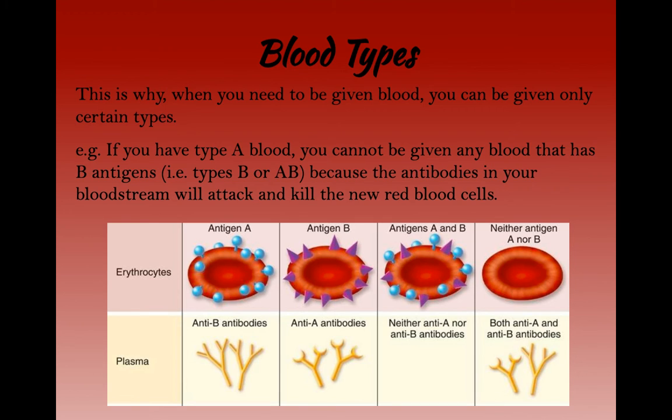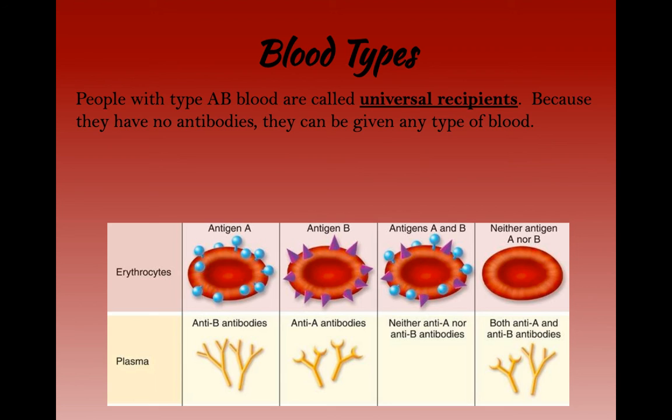And that's just going to make you more sick and not going to help you. So if you have type A blood, you can't get type B or AB blood because your anti-B antibodies will destroy it. If you have type B blood, you can't have type A or AB because your anti-A antibodies will fight and destroy them.